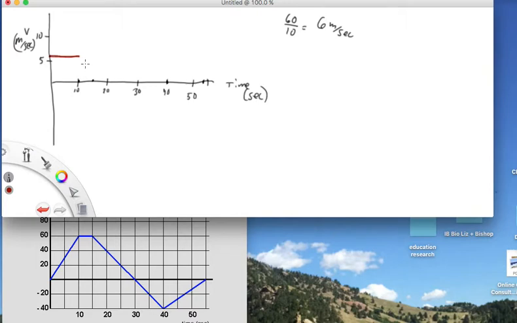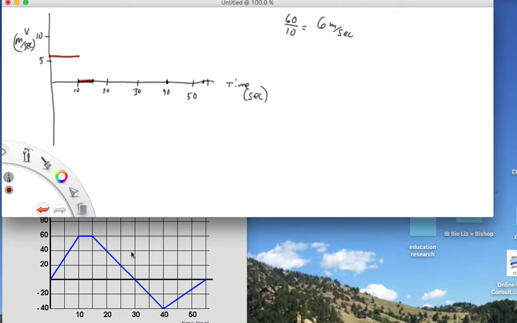Now from 10 seconds to 15 seconds, what's the slope here? The slope's 0. So I'll put 0 right here. I'm not filling this in with any lines right now.